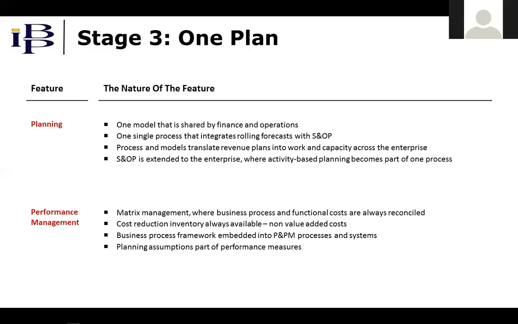It's always available. I don't have to do a special cost reduction study or anything like that. There's one business process framework that's been embedded into a planning and performance management process. And the planning assumptions that are part of the planning are exposed in the measurement system. And that's a really big issue because for most companies who do planning, assumptions are often buried in spreadsheets.